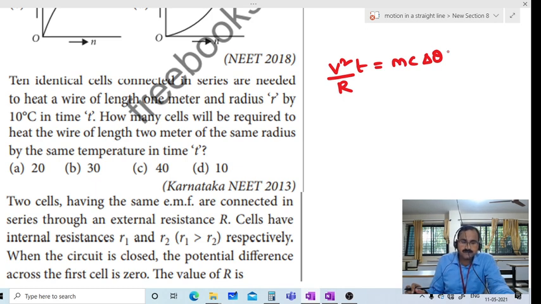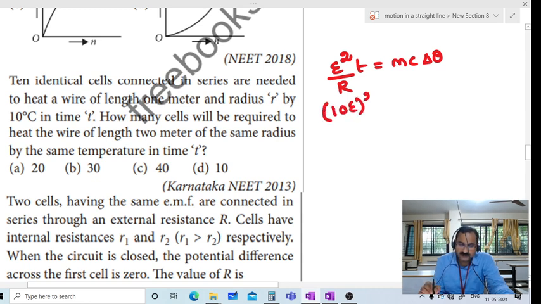Now see the problem. 10 identical cells connected in series are needed to heat a wire. Generally we write V square by R into t, and with the number of cells we can write E square, like this for convenience. So in the first case, (10E) whole square divided by resistance, and R is equal to rho L by A only.